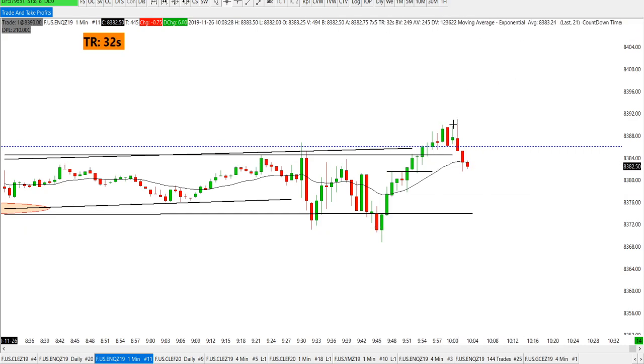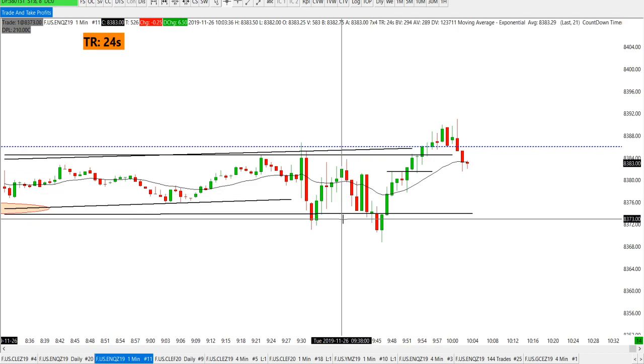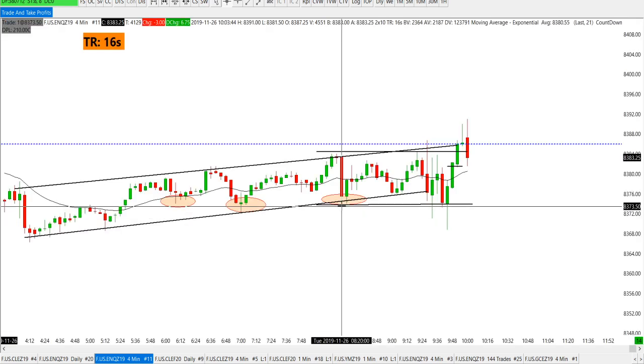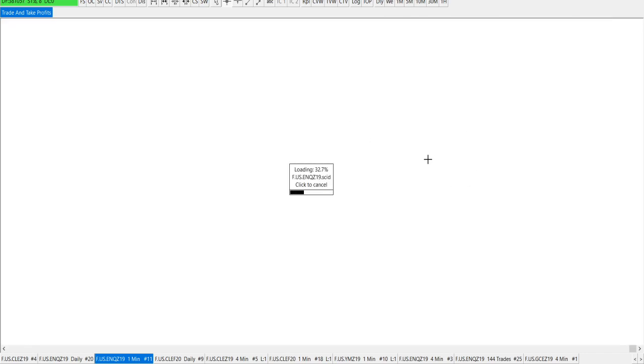Sellers is definitely looking real good. Sellers is looking real good right here. Now I want to buy right here. My only beef is we have too much resistance right here.